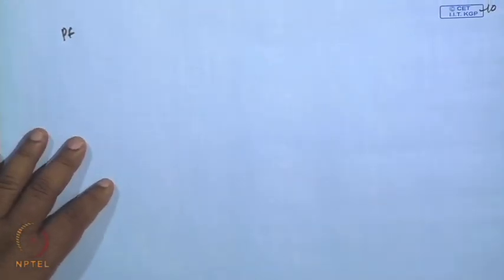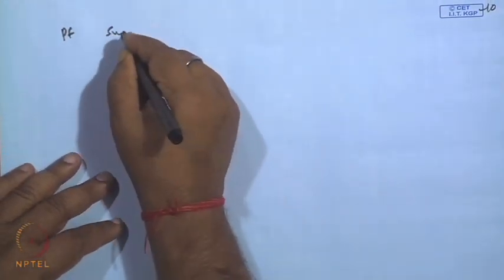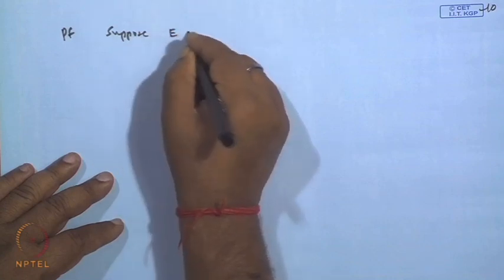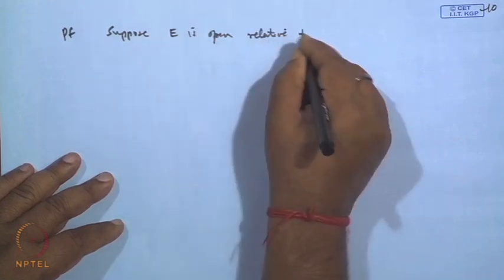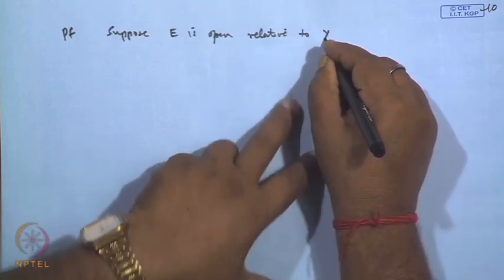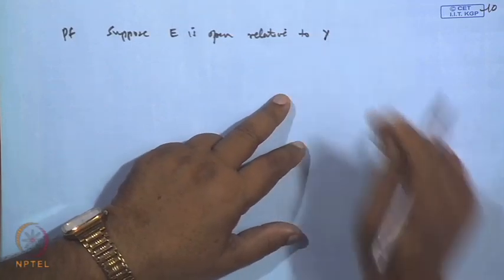Suppose E is open relative to Y. We want to show E is of this form.